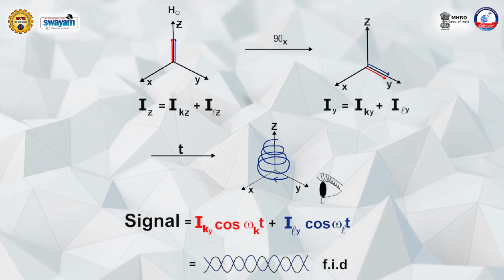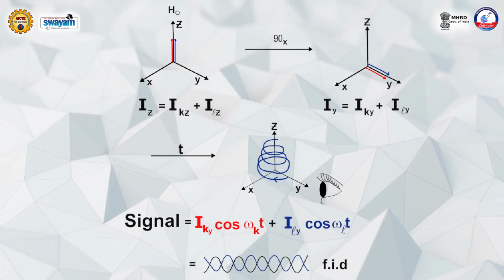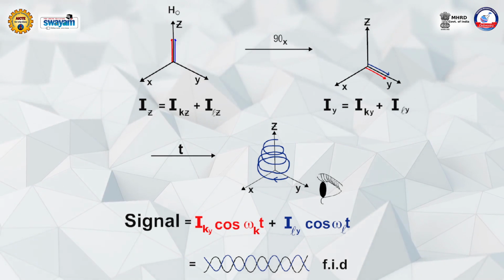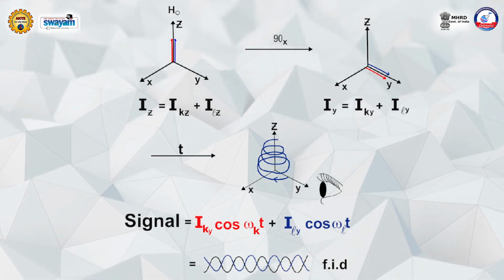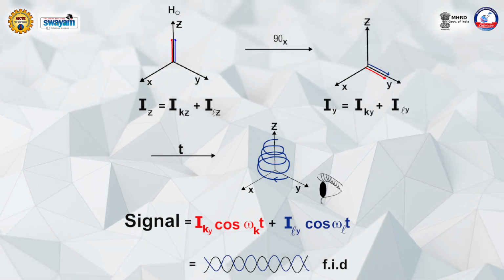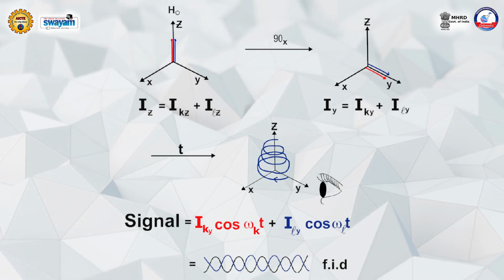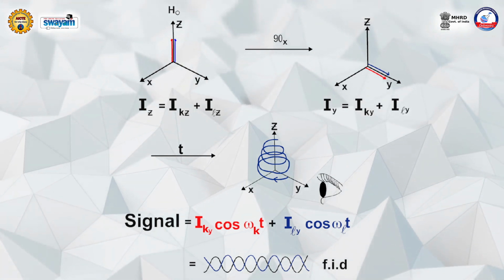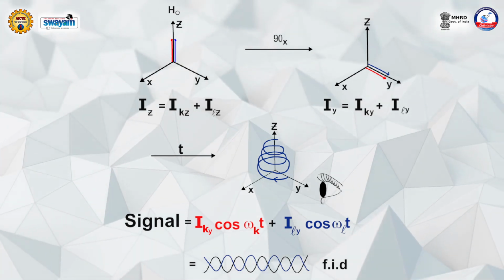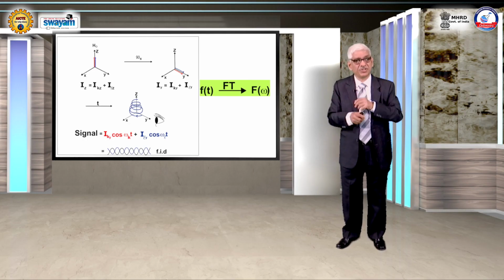I have taken here 2 different colors representing 2 different spins, K and L, and I will have the superposition of the signals coming from the K spin and the L spin. This is called the free induction decay. This superposition is the crux of the new method of recording NMR spectra, called Fourier transform NMR. This was the basic discovery made by Richard Ernst.